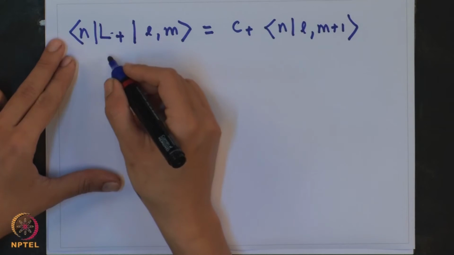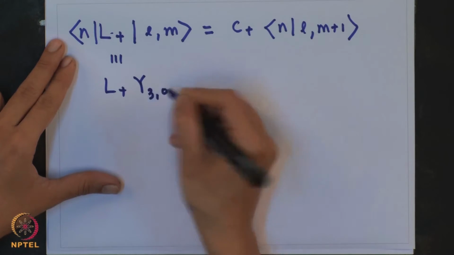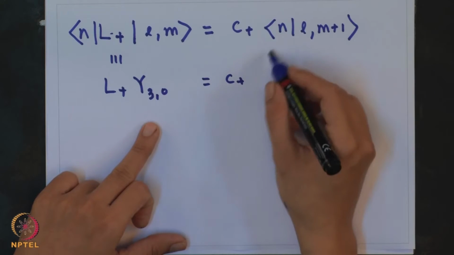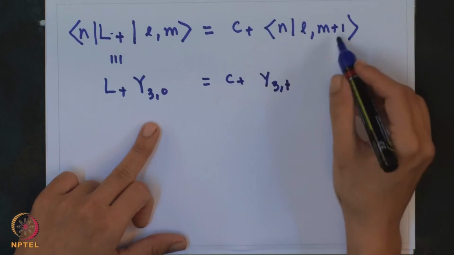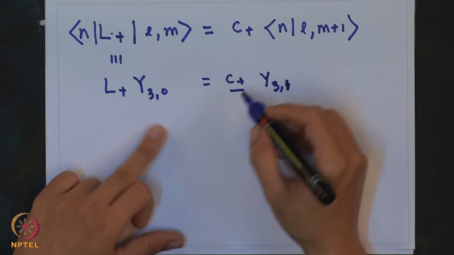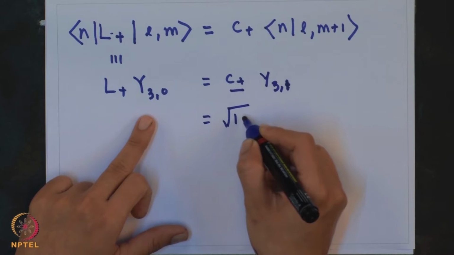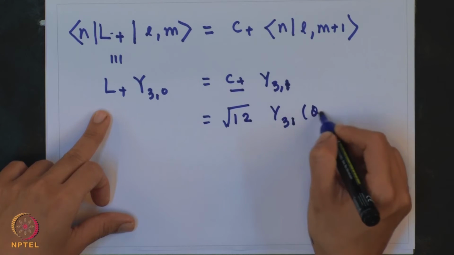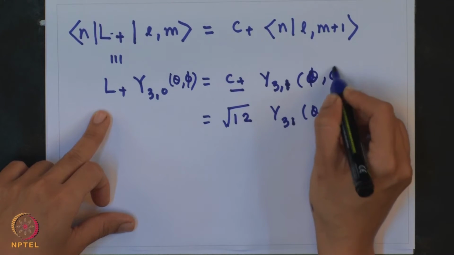So L plus psi 3 0, where M is 0 and L is 3, will become C plus times psi 3 1, since 0 plus 1 gives 1. So I have to evaluate the value of C plus. For L equal to 3, M equal to 0, I will have C plus as square root of 12.